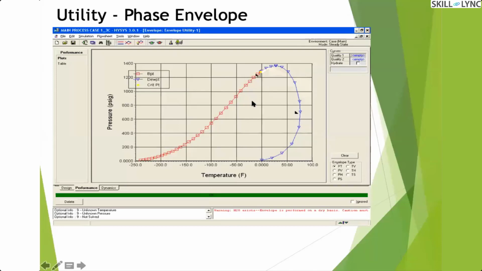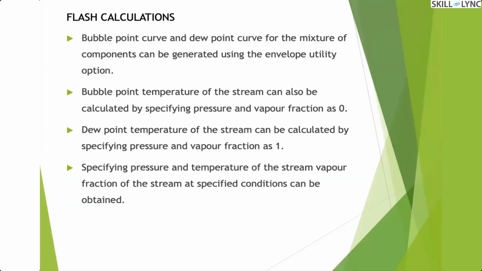All of this phase envelope will depend upon your property package also. You would all have done flash calculations. So what is a flash calculation? The bubble point curve and dew point curve for the mixture of components can be generated using the envelope utility option.